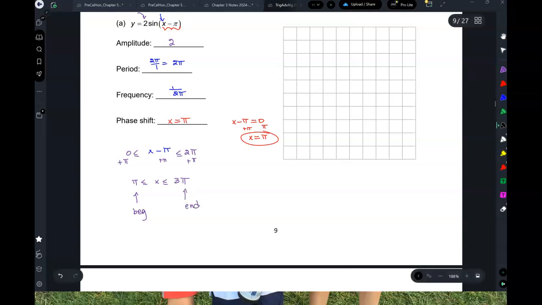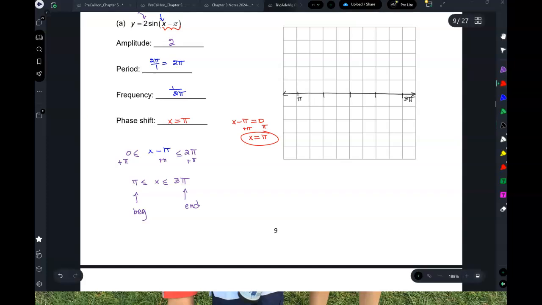So let's go here. Well, the period was already changed, right? You'll see now what's going to happen. So here we go. We're going to go from pi, 1, 2, 3, 4, to 3 pi. Okay?